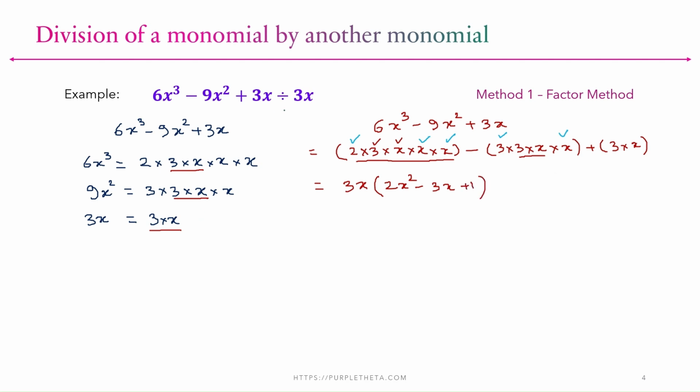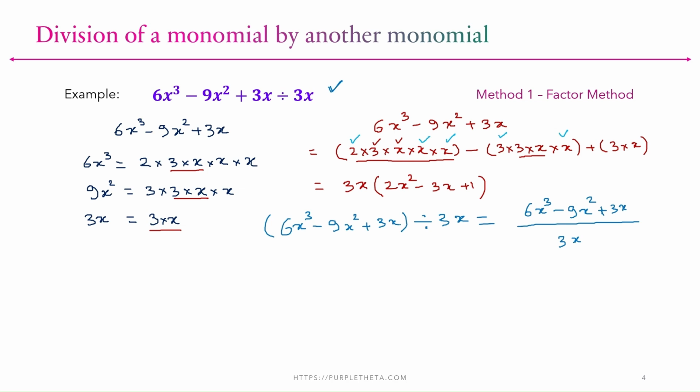So now I am going to write this example in division form. So let us write it down. First polynomial we have 6x cube minus 9x square plus 3x, and this is divided by 3x, right? So this can be written as 6x cube minus 9x square plus 3x, and this entire polynomial is divided by 3x, right?